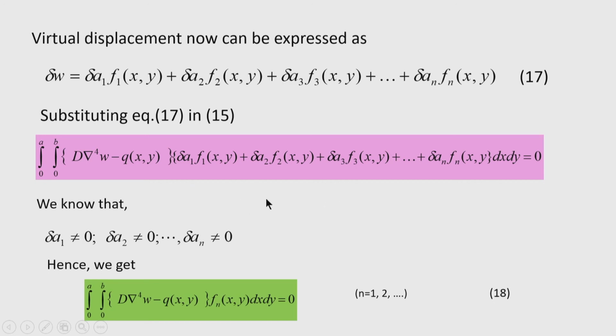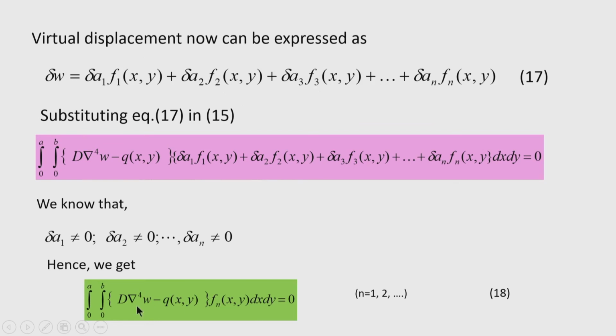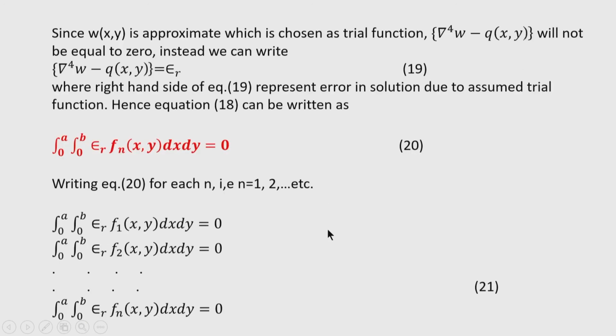So, for any general term, say nth term, we get this expression: the integral of D del 4 w minus q(x,y) into fn(x,y) dx dy equal to 0. So, n here varies from 1 up to infinity, but an infinite number of terms cannot be taken in practical application. So, one has to truncate the series up to a limited number of terms.